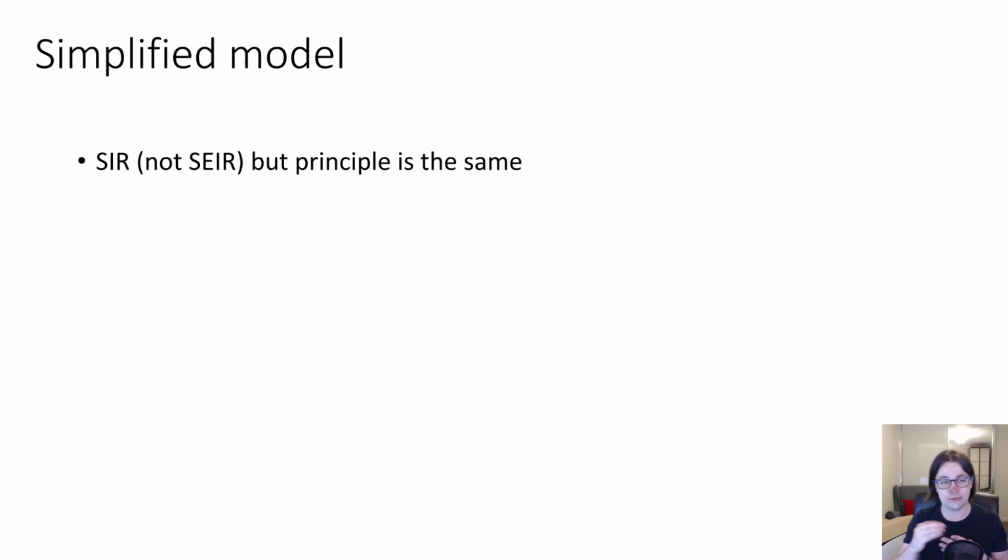So there are 4 different categories there. I'm taking out the exposed. I'm just looking at susceptible, so people who aren't infected, the infected group, and the recovered group, the people who are no longer capable of passing on the infection. But even though I've simplified it, the principles of the issues with the model are the same.